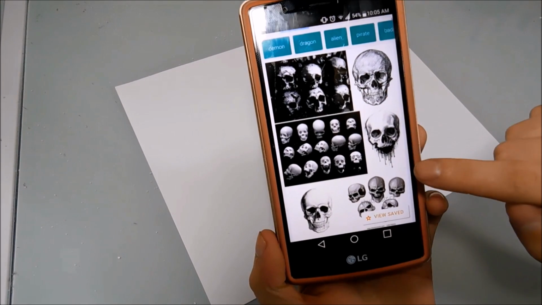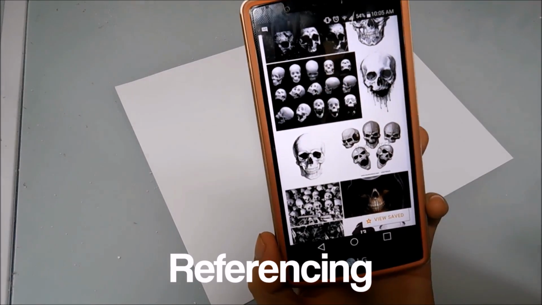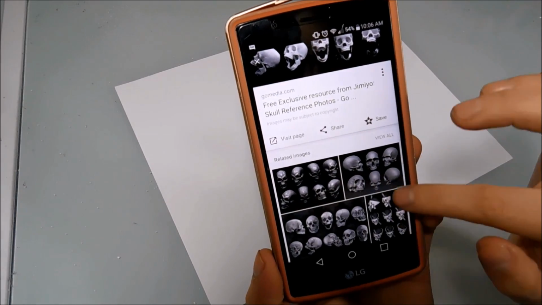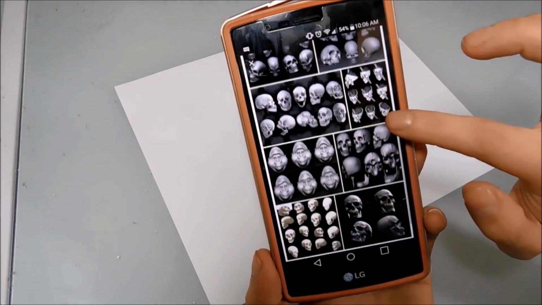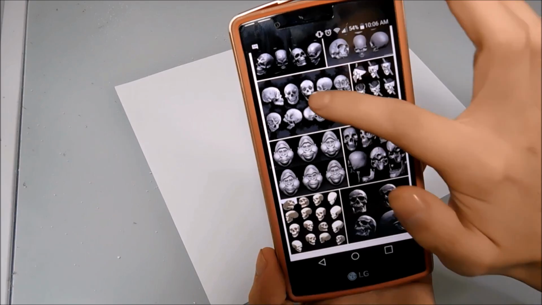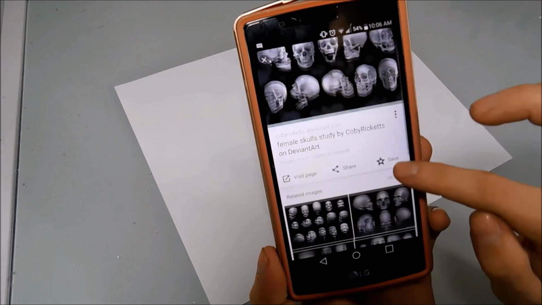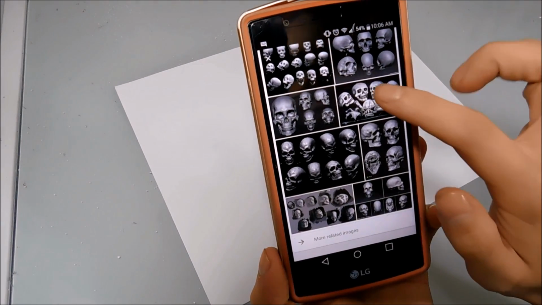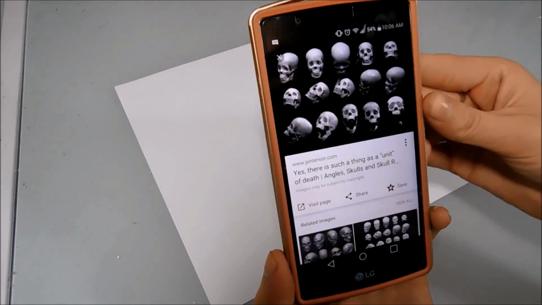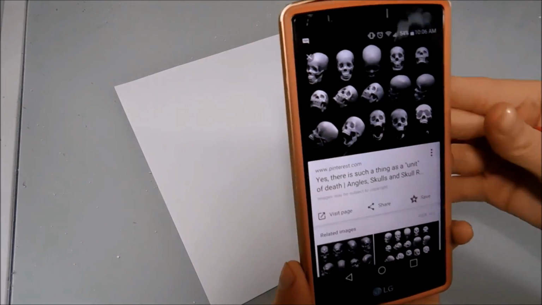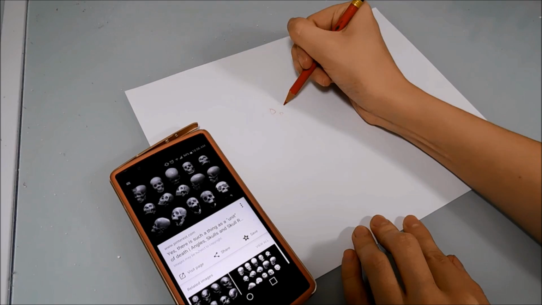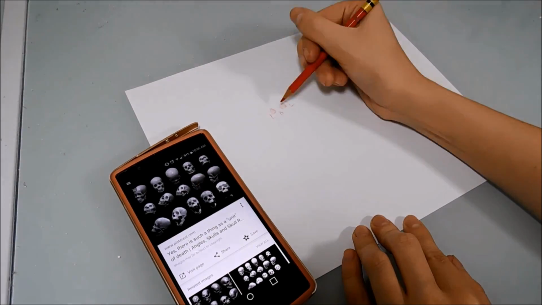So the first thing I want to go over is how important referencing is. Here you can see I'm looking at pictures of different skulls, and I love looking at skulls when trying to draw a face because it doesn't really get more basic than a skull. I look up many different pictures of skulls and start building my visual library of different poses and the way the skulls work differently, and then I actually put my pencil to paper and just start doodling skulls.